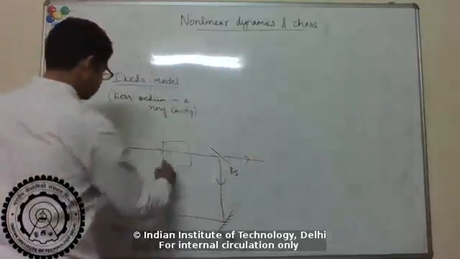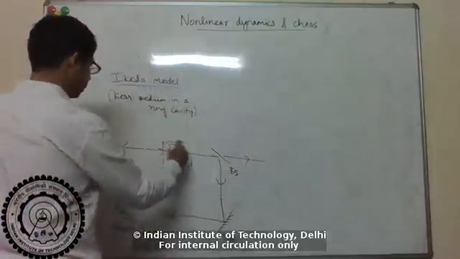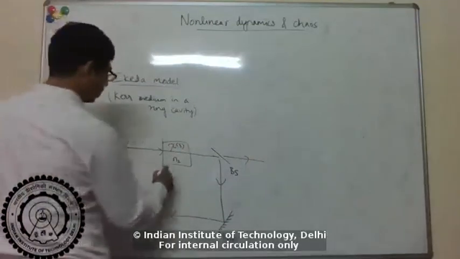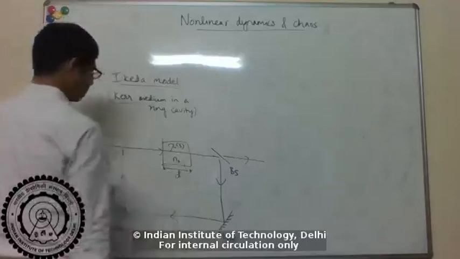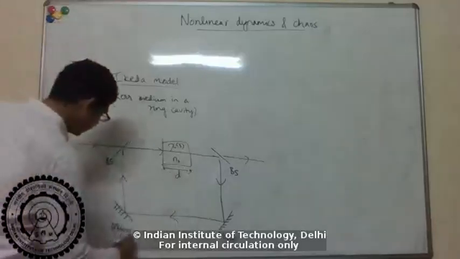And here, let's say I put a nonlinear medium. So it has some chi3 or n2, and the length of this nonlinear medium is some d. These are 100% reflecting.